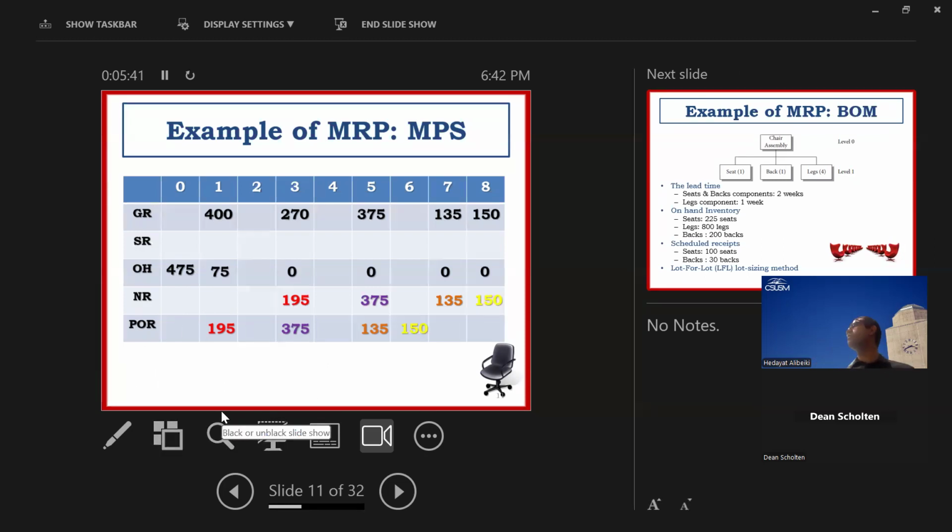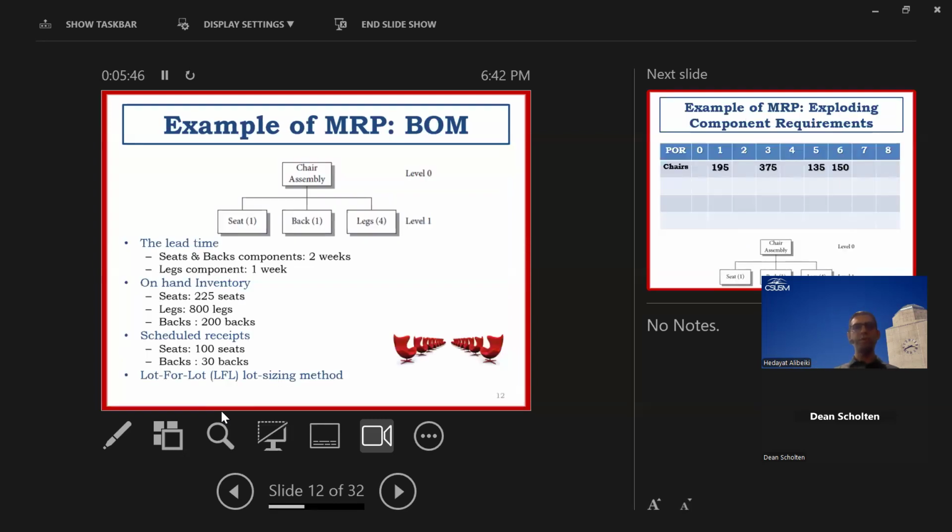We don't do any computation when it comes to it. Once you get the net requirement, you can calculate the planned order receipt, and then you can calculate the children. The only point for the children is that their gross requirement is equal to the bill of material quantity.